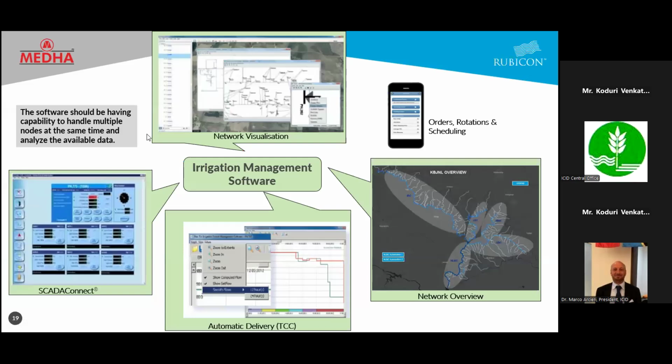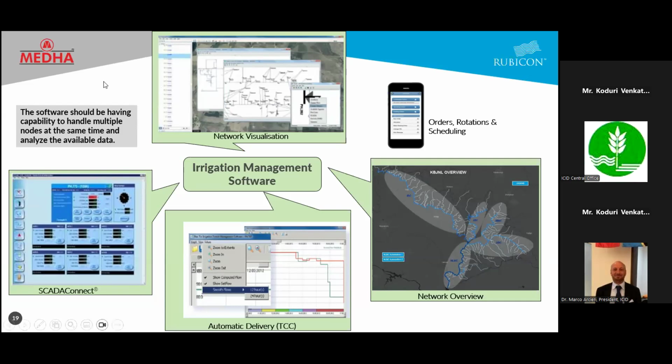Now, how about software? This is the critical part of it, where irrigation management software comes into play. The irrigation management software has to have the capability to operate and control multiple nodes all at the same time. At the same time, it should be able to visualize and analyze the data which is going to and coming from the canal.